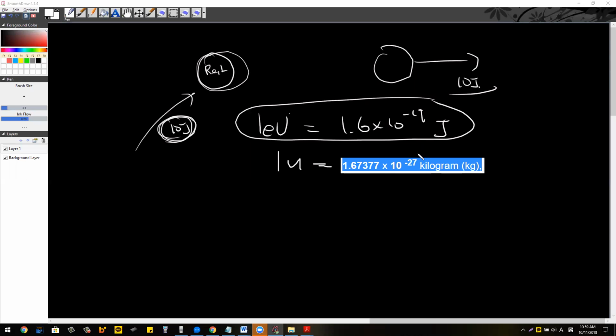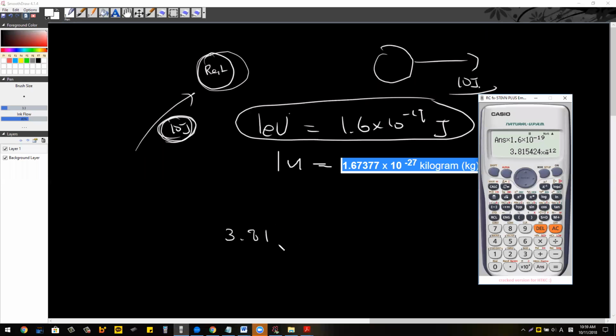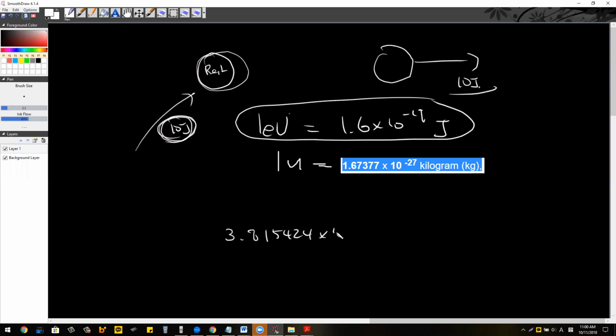Let's write it down. So 3.815424 times 10 to the power of minus 12 joules comes from deuterium plus deuterium becoming helium, right?